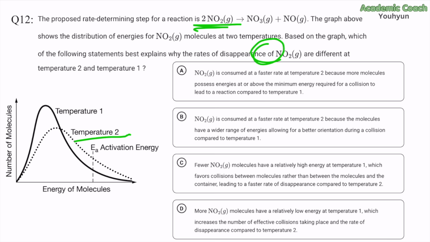So temperature 2 is higher, temperature 1 is lower. And obviously, since activation energy is fixed, that means at T2, there will be a higher fraction of the particles that carry sufficient energy to make sure the reaction occurs.